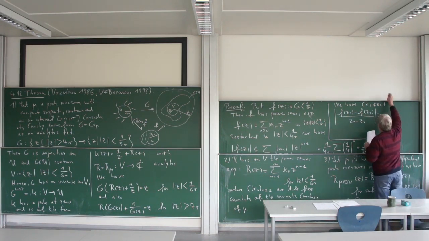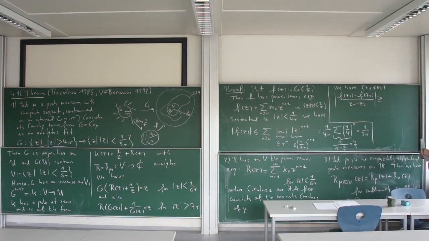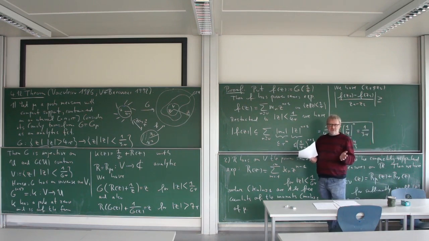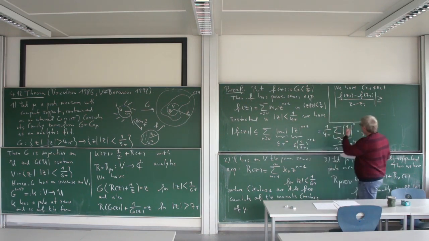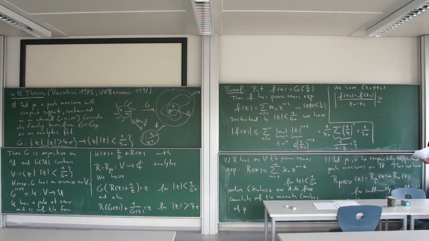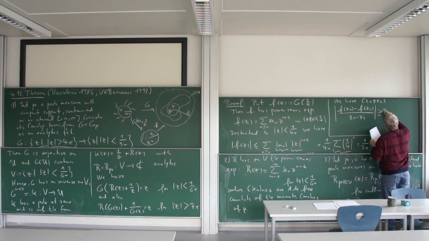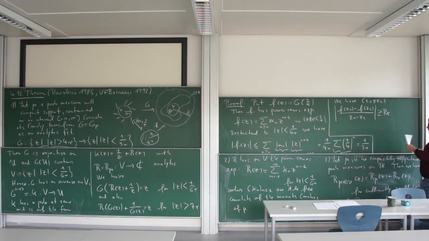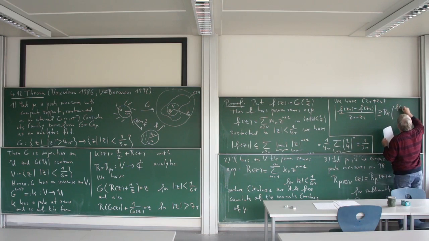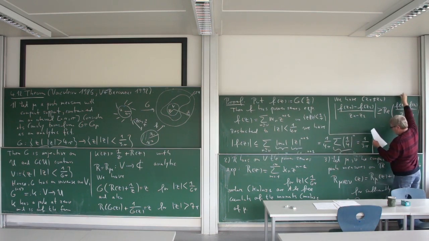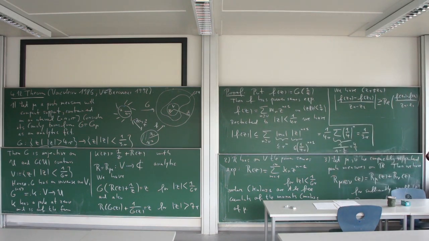Okay, and this I'm estimating. I have the difference quotient. Of course, I want to connect it with the derivative of the function, but I also need estimates, so I should go over maybe to the real situation. So the absolute value I'm estimating by the real part of the corresponding difference quotient, the same difference quotient, f of z1 minus f of z2 over z1 minus z2, and the difference quotient I can get by integrating over the derivative of my function.